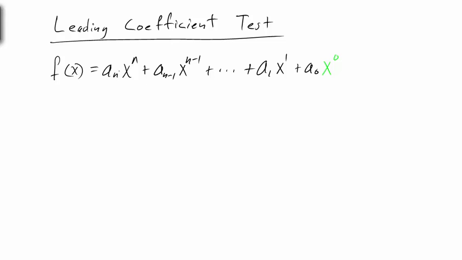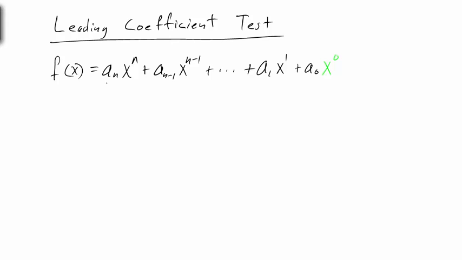Well, if you have your polynomial function here in descending order, keep in mind these a sub n just represent the term here, and a is representing the coefficient of your polynomial. And the exponent here is the largest exponent, the x to the n.